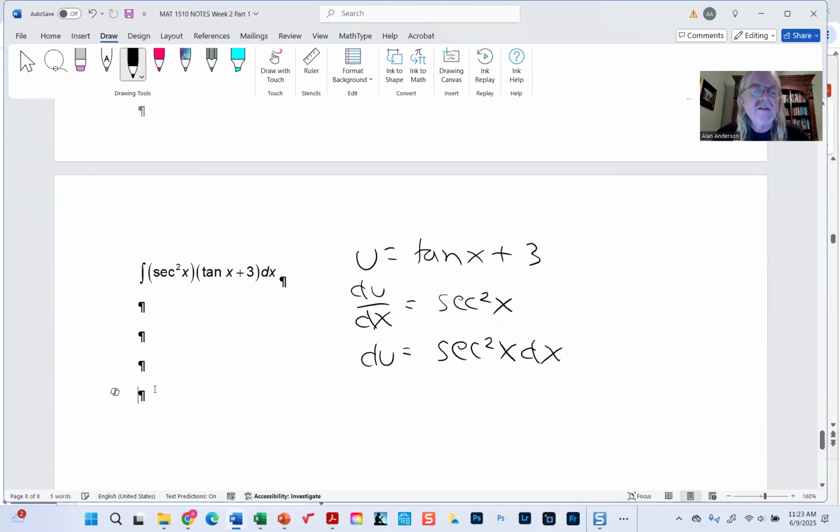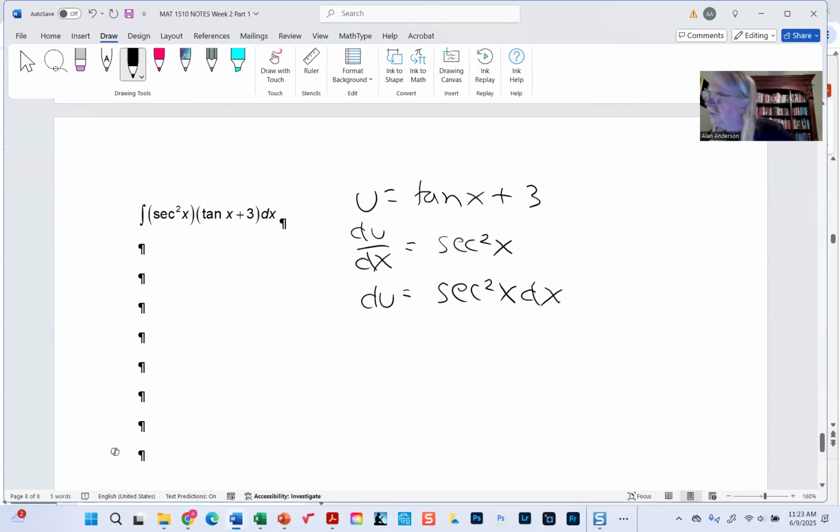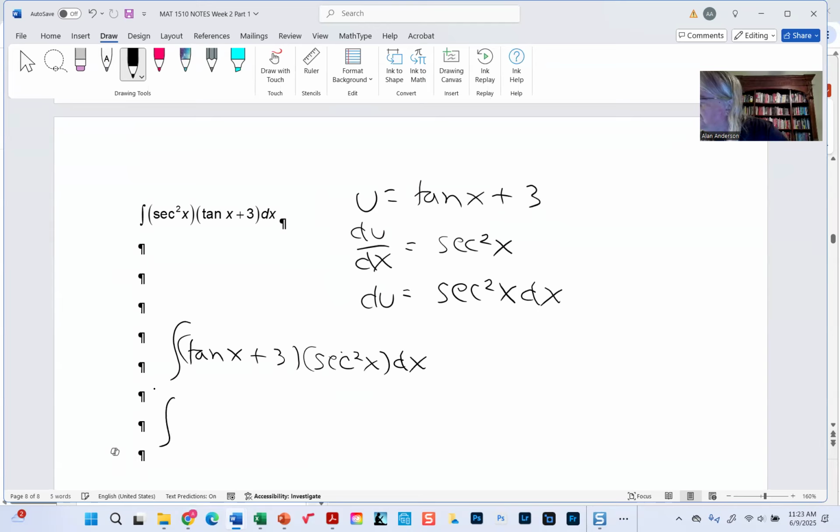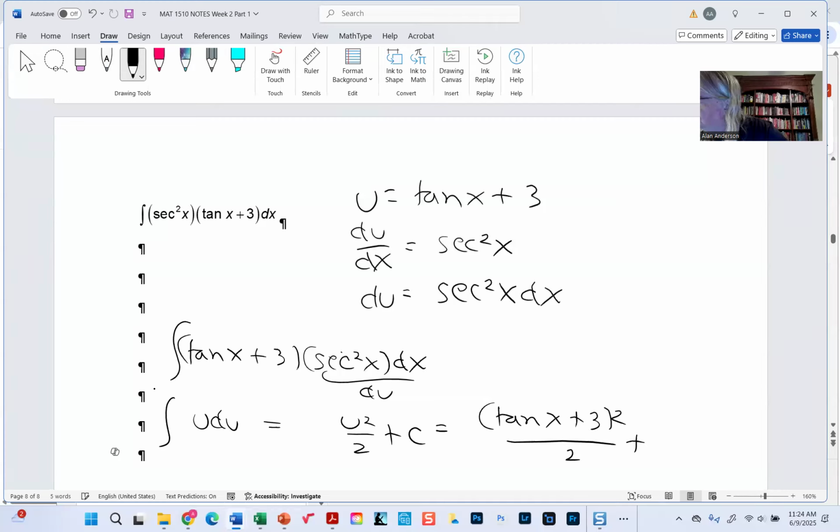And again, we may have to change the ordering of these terms a little bit. So this is our u. This is our du. Oh, so easy. And that's it. We're done.